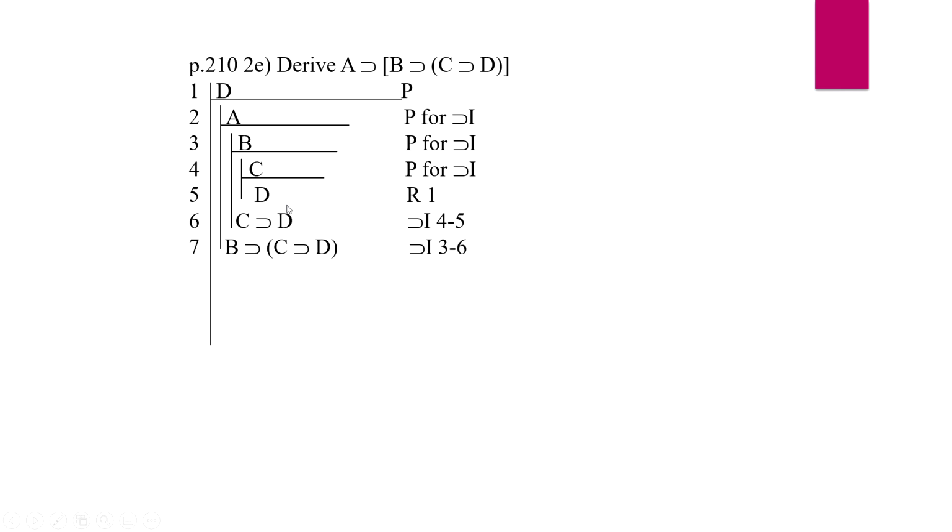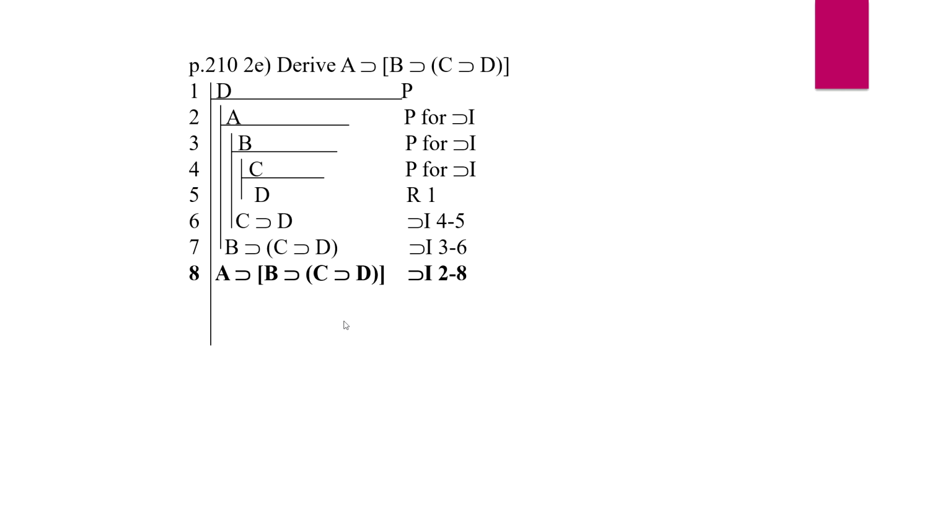And if you look closely, that's on our scope line of the subderivation starting with A. So we've assumed what we want as the antecedent for the conclusion we're going for, and we've proven that consequent, right? If B, then if C, then D. So we can jump all the way back to our main scope line using conditional introduction again, and we've got A, then if B, then if C, then D. So this is just using those conditional introduction rules all nested inside of each other to create each of those material conditionals.